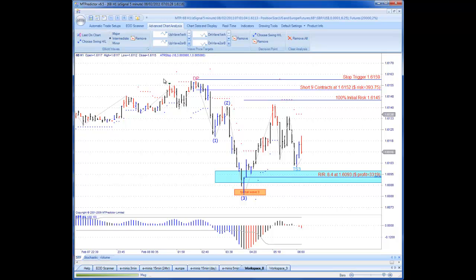So you remember back here we lost minus 1R, but here we made plus 8.4. So in this case, for an initial risk of just under $400, the profit was approximately $3,300. So the profit was approximately 8 times greater than the initial risk. That's what makes money using correct position sizing.